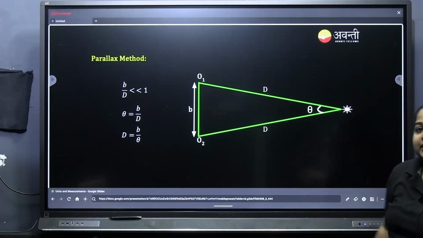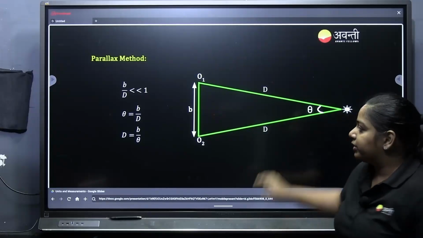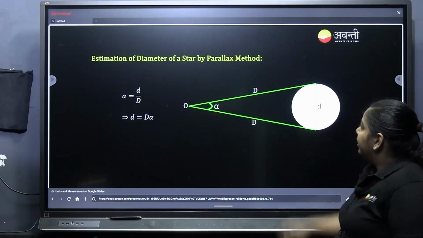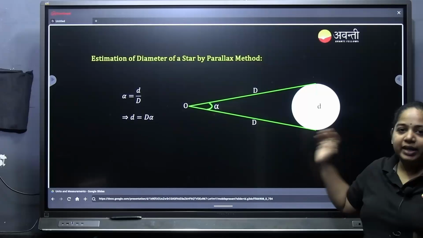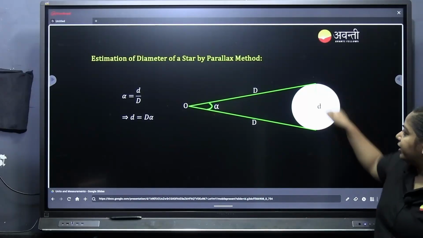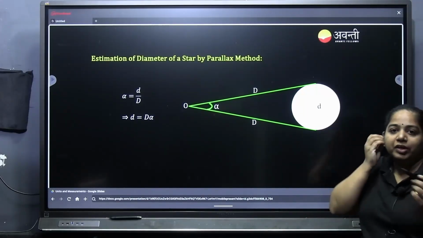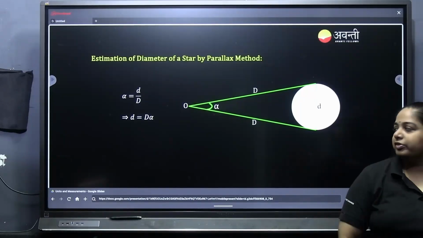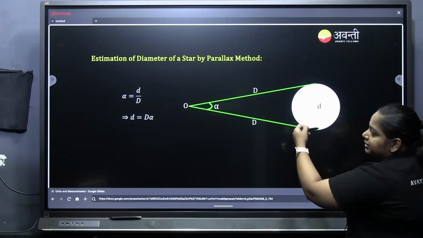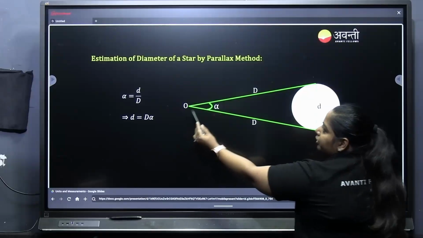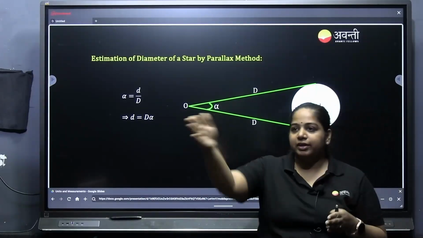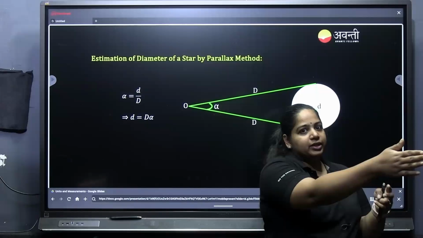Next one is to find the size of an object. Let's see. For example, we are taking the sun. Sun is having d diameter. How to find that diameter? We just do the reverse of this. So d is the diameter of the sun. We are observing from point O. We will first look at one end of the sun, then we will look at the next end.